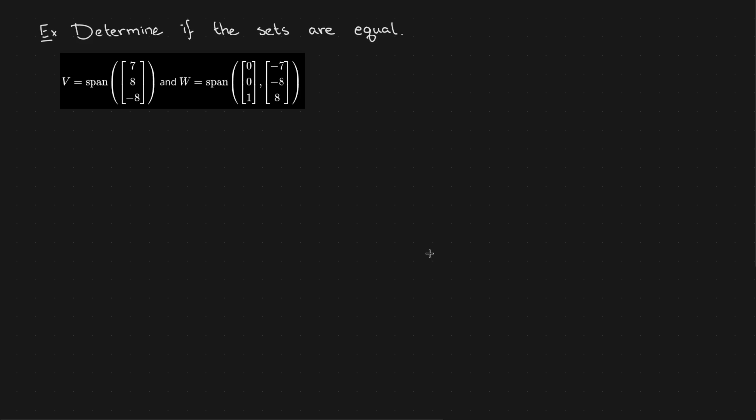What about this one? We have V as the span of 7, 8, negative 8, and W is the span of 0, 0, 1 and negative 7, negative 8, 8.